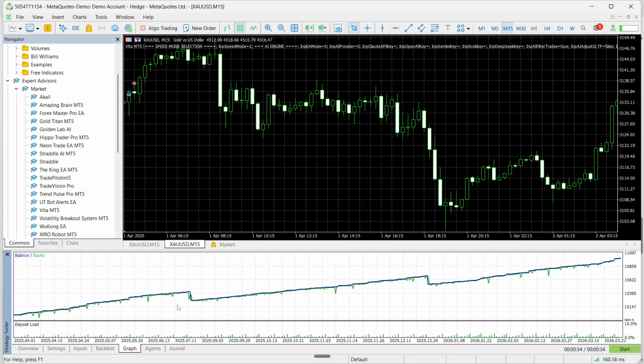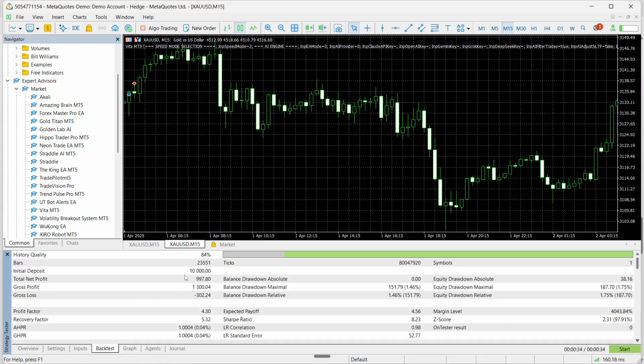The equity curve shows steady, controlled growth with very low drawdowns. You can see in the results that the net profit is modest but still positive at around $997.